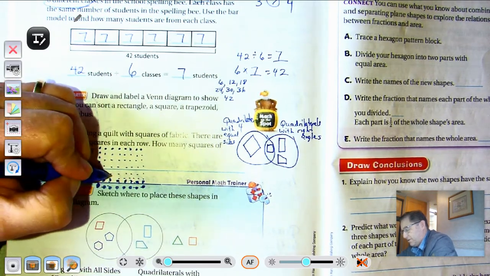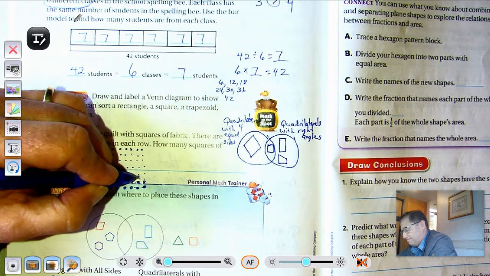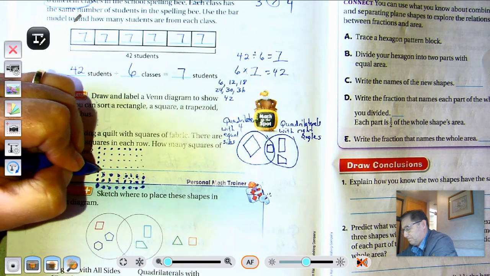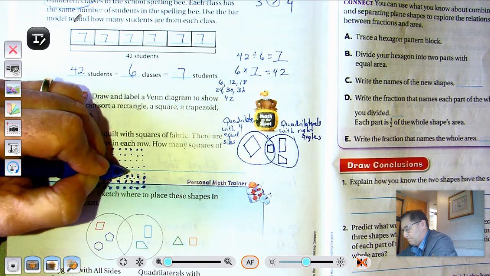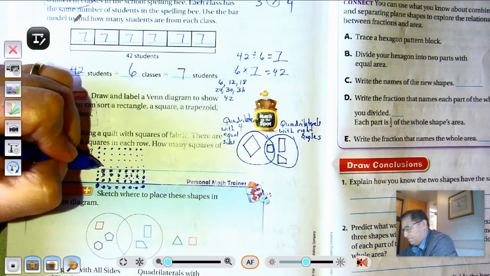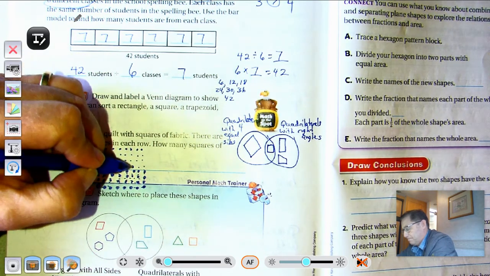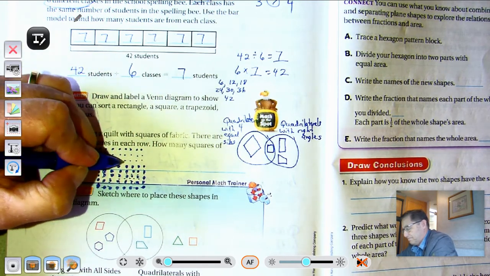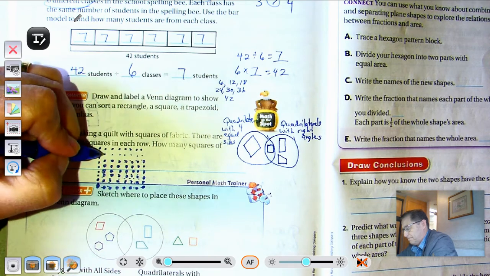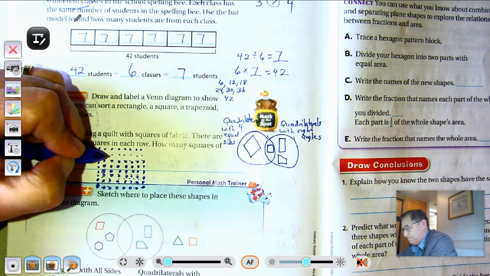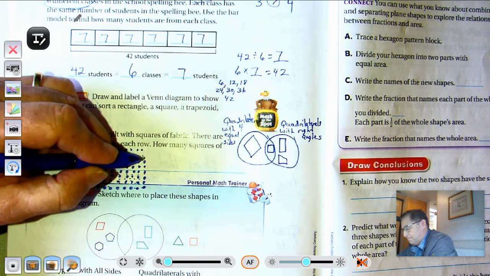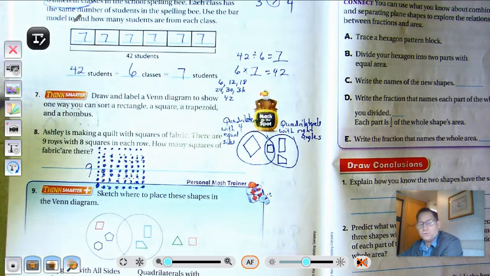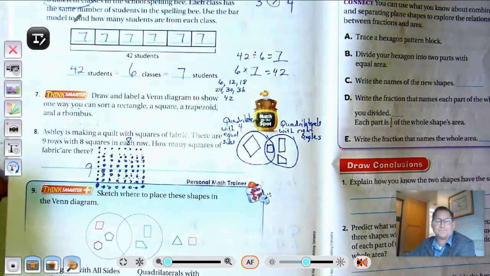I got carried away with my dots, sorry. All right, so we have 9 rows of 8.